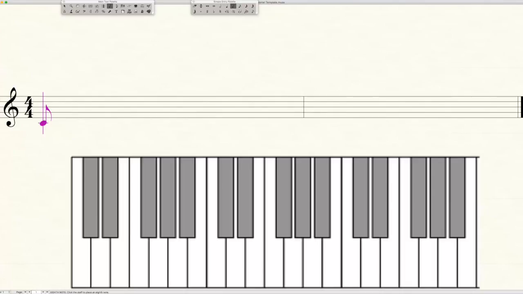So to begin with, let's build a scale. Let's just start with a 1-octave C major scale. All right, so there we go, 1-octave C major scale.